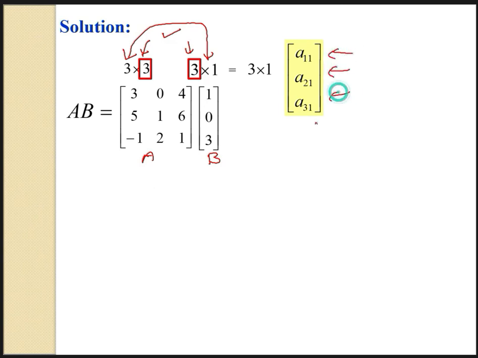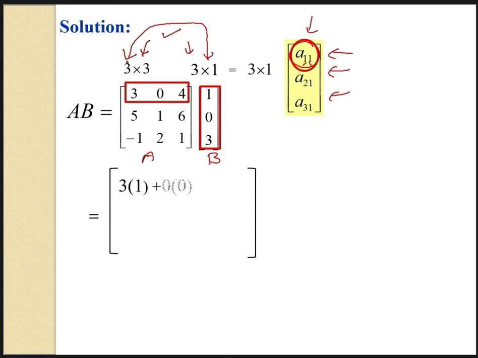To find the first element, which is in the first row and first column, we have to look at the first row of matrix A and the first column of matrix B. Since there's only one column for matrix B, that's the only column that we'll look at. Multiply the elements and add them up.